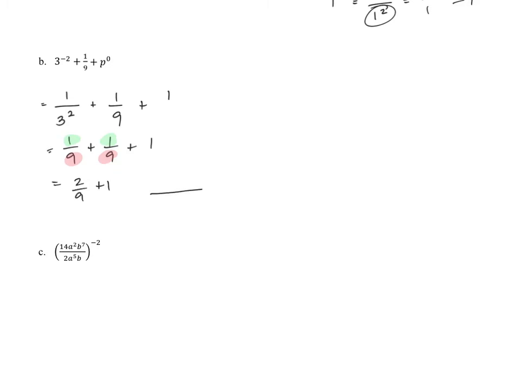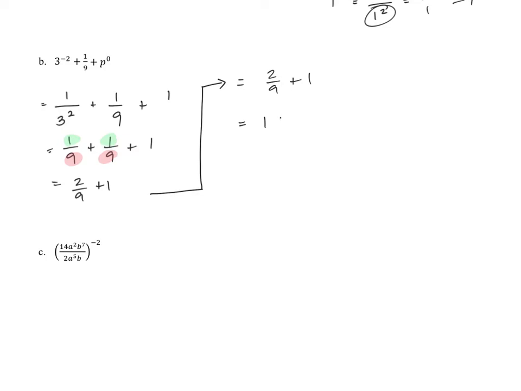Notice I'm going to do this. This is drawing an arrow, remember? So for drawing an arrow, if your work is not going to continue going downward, to let the teacher or whoever it is reading your work know where you're going, just go ahead and draw an arrow to let them know. So your work is nice and legible for grading or any other purpose. So 2 over 9 plus 1.